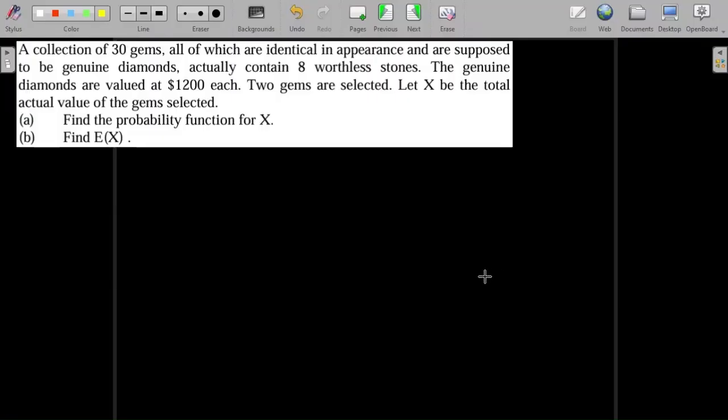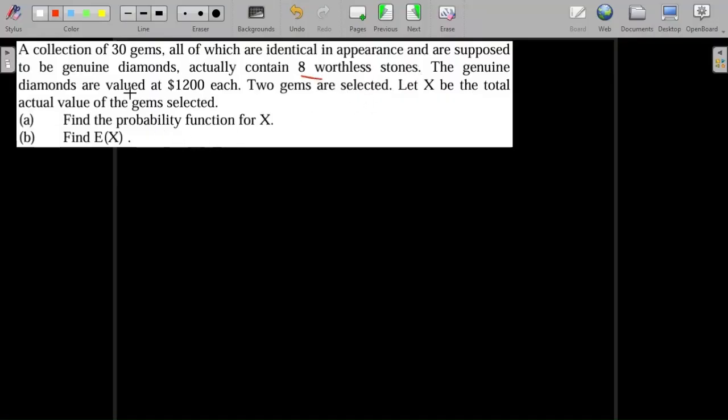So in this video, we're going to be looking at a question on how to find the probability function of X as well as the expected value of X. Let's read the question. They're saying a collection of 30 gems, all of which are identical in appearance and are supposed to be genuine diamonds, actually contain 8 worthless stones.